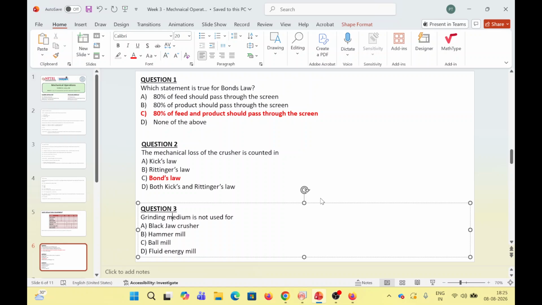So ball mill requires a grinding medium. That I explained before itself. What about in case of blade jaw crusher and hammer mill?